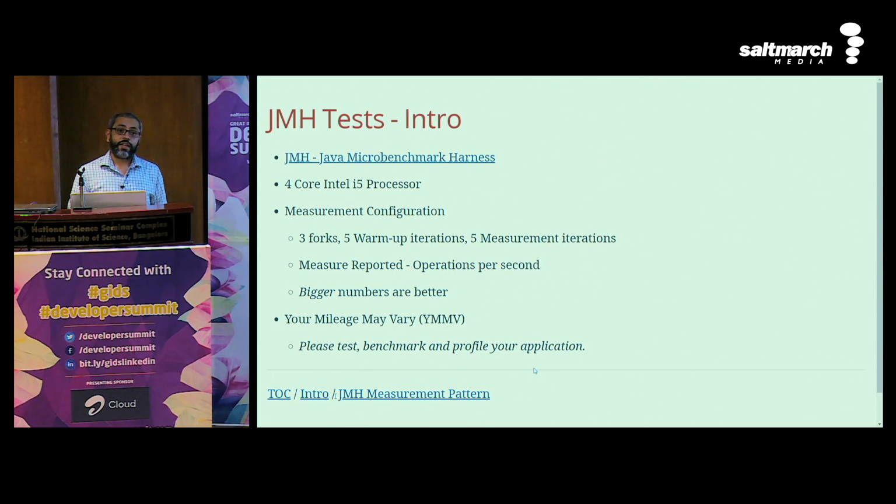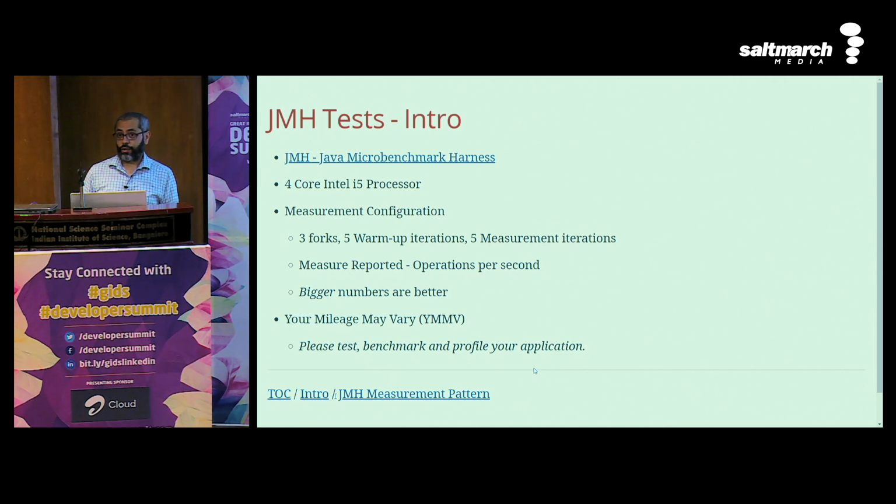A few things: for JMH, it's very important for you to set up your test properly, and since folks are unfamiliar with that, I'll actually walk through that as well. I know it's not a part of Should I Upgrade My Java, but hey, why not? Because it looks at performance at a micro level, small things matter.